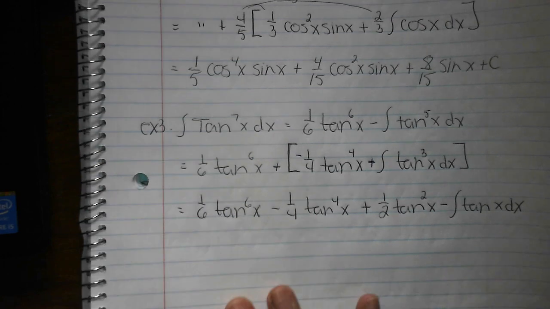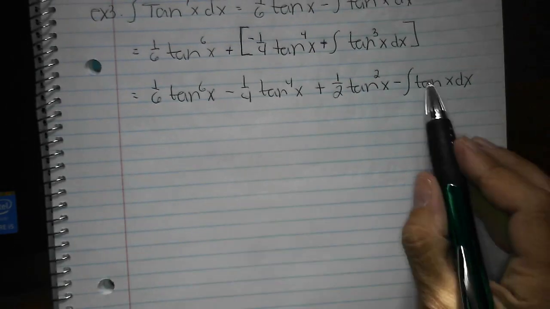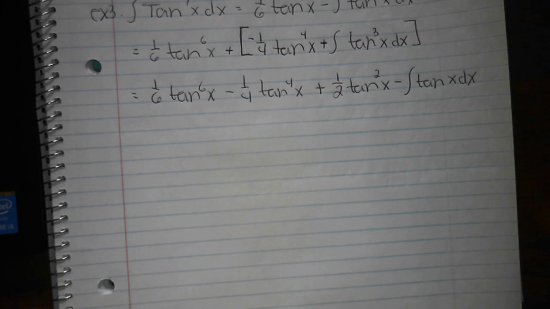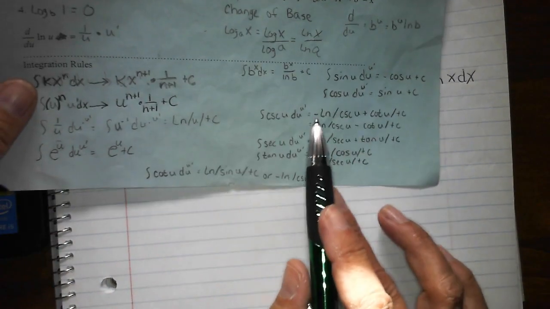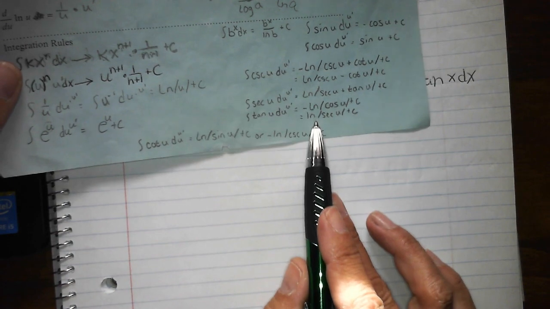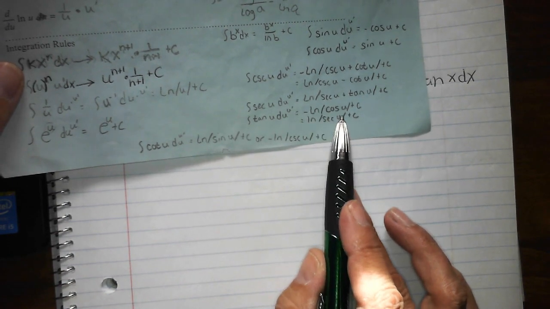And then we have tan, remember that we have the integral of tan on our blue sheet. Down at the bottom, we have all the trig functions to the first power. Tan, right here. And you have a choice between either one, doesn't matter.